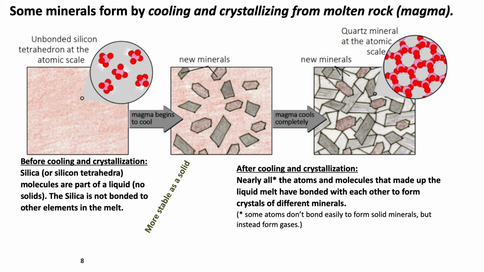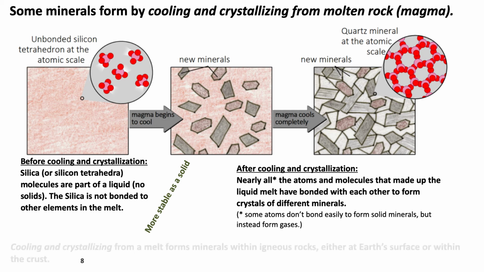So in most cases, in a rock that cools from magma with minerals in it, we're not going to see anything that contains sulfur because it is much happier, much more stable being let off in a gas form.